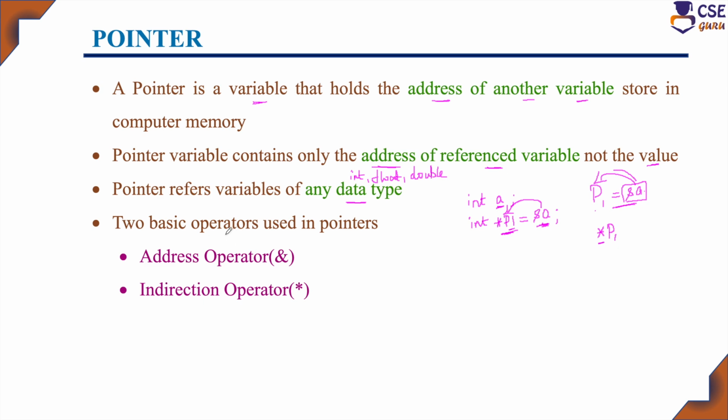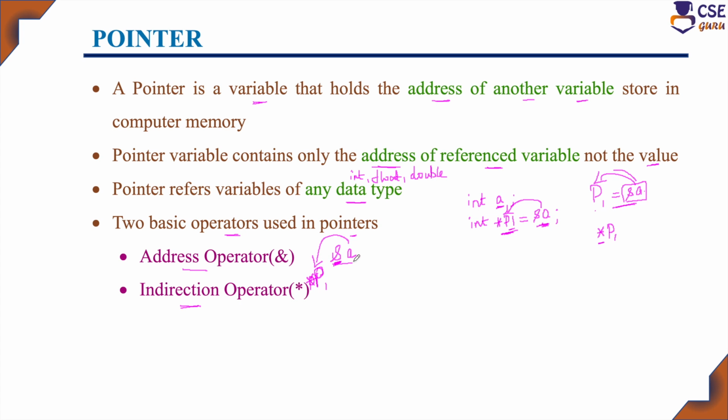The two basic operators used with pointers are the address operator and the indirection operator. With the address operator, the address of any variable can be stored in this pointer variable *p or *p1, any variable name. So, the address operator refers to the address of a particular variable.